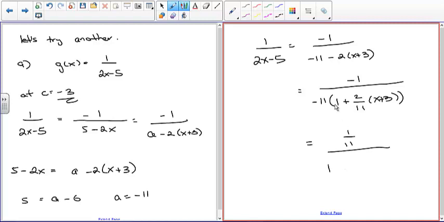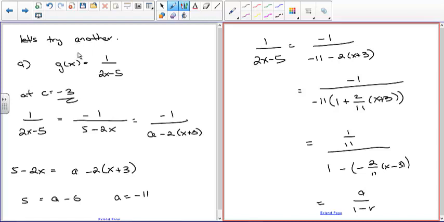And what I have is a minus, so it's minus 2/11. Again, all this algebra is just to get into the form of a over 1 minus r.